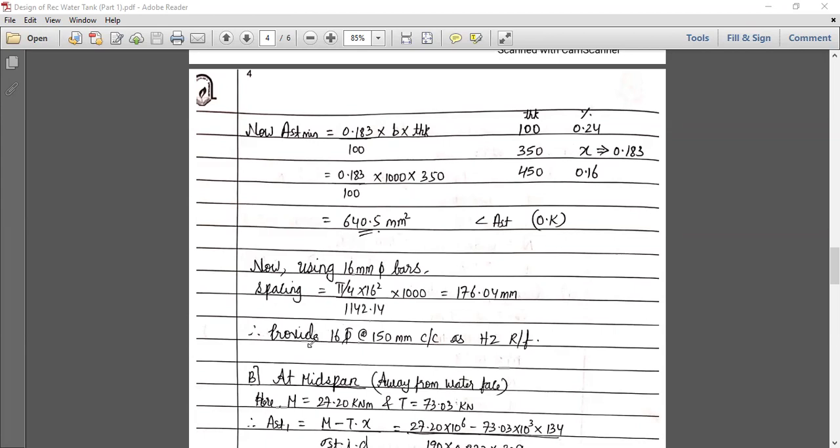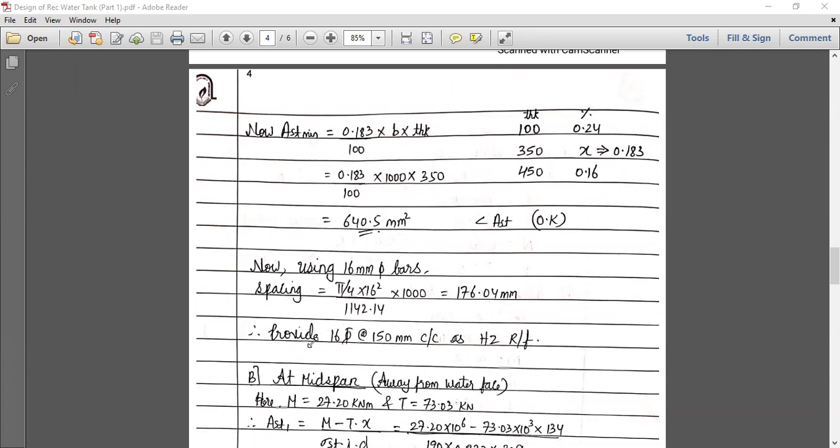Yes. Anyone? 200. How will you provide 200 when the spacing is coming out to be, sorry, 194? Sorry, 175.